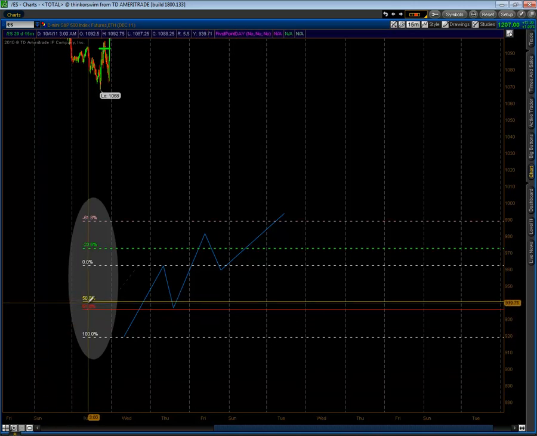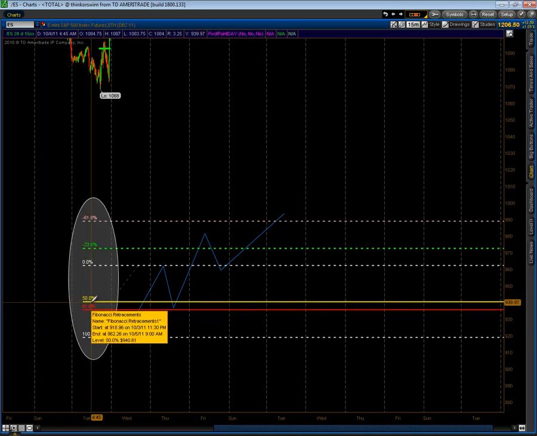So the 50% levels are our entries. Those are the levels that we expect trades to occur at that will get us into the trend.